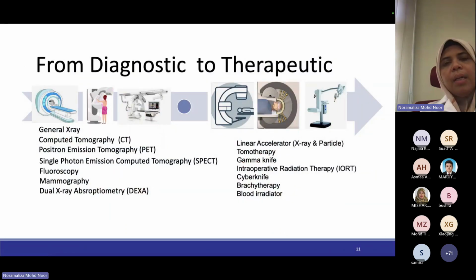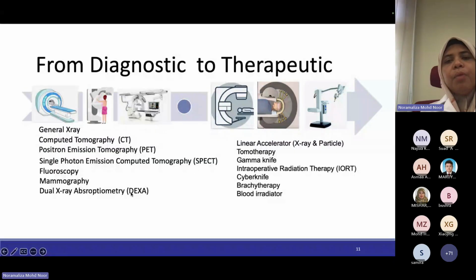So as we know, radiation in medicine has been widely used for diagnosis and also therapy. For diagnosis, this equipment is used to diagnose the disease of the patient, including general X-ray, computed tomography, positron emission tomography, single photon emission computed tomography, fluoroscopy, mammography, and dual X-ray absorptiometry, which is DEXA.